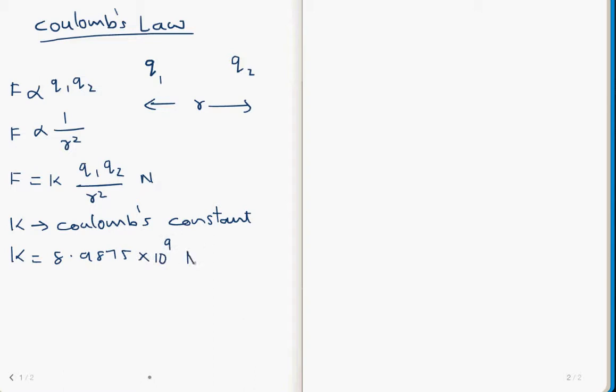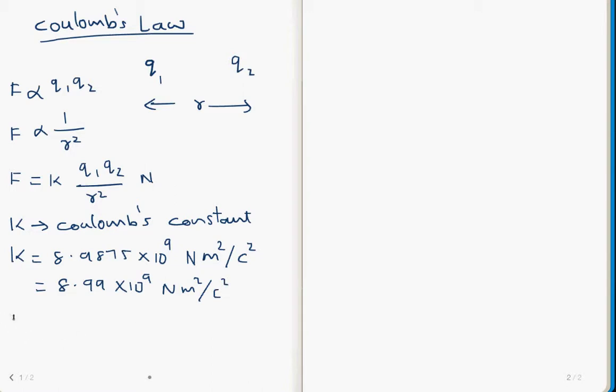The units are newton meter squared per coulomb squared, or we can use 8.99 times 10 to the power 9 newton meters squared per coulomb squared for convenience.